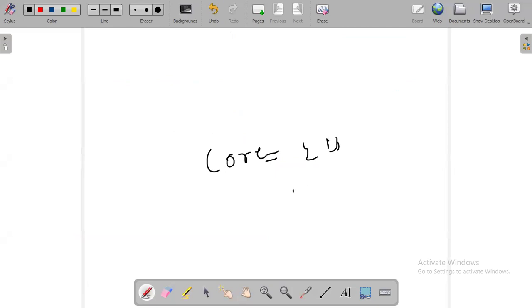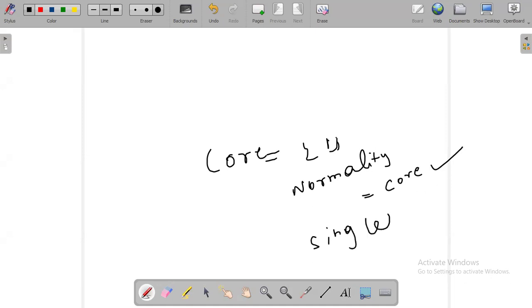Next, what is normality? If the core is available, then normality is true. Then what is meant by singleton? Singleton means only one value should be core.